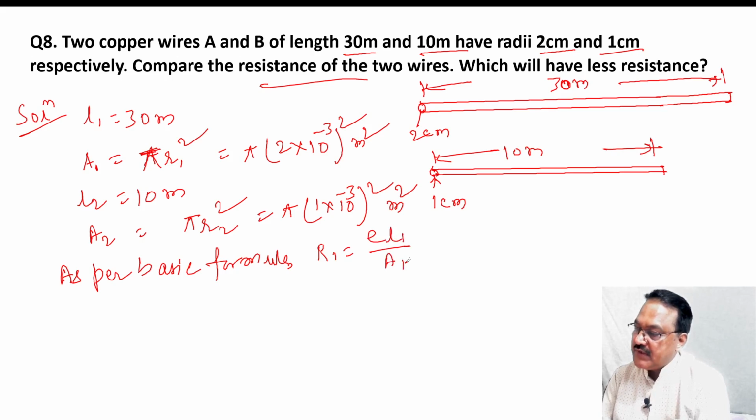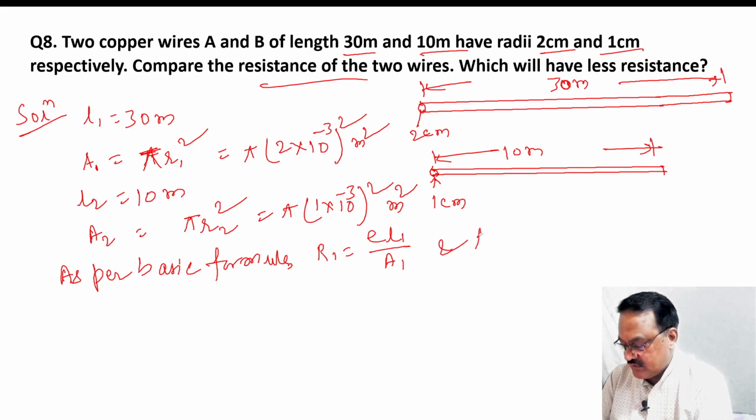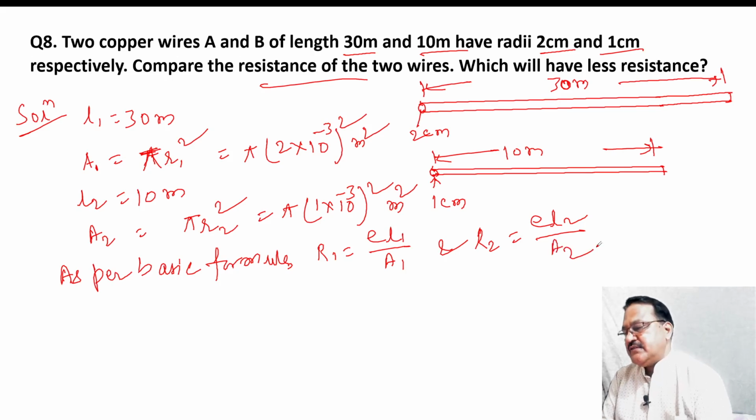Similarly, for R2 we can write rho L2 by A2. We write like this because we have to just compare the values of resistances of both the wires.